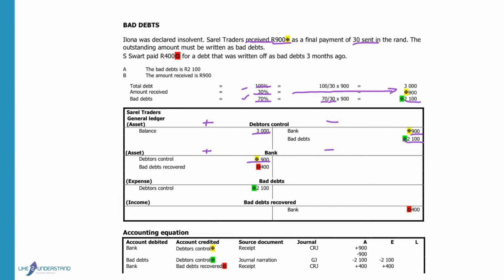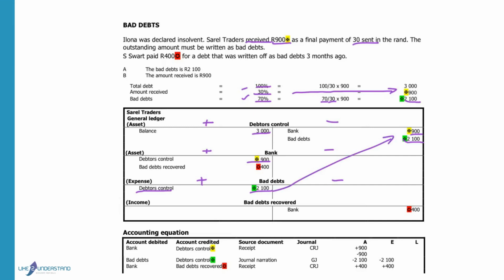And we will create an expense for bad debts that will increase on the debit side with 2,100. We will write the word debtors control to indicate that the double entry was completed in the debtors control account.